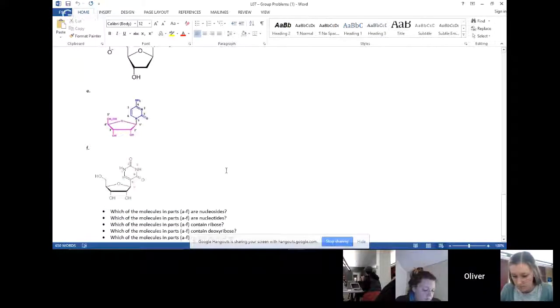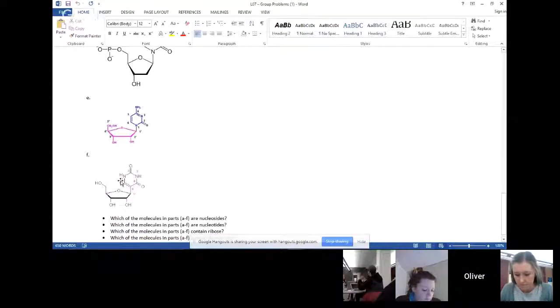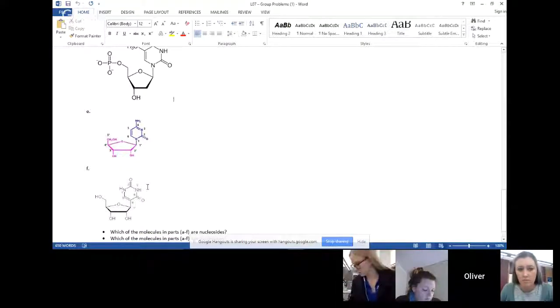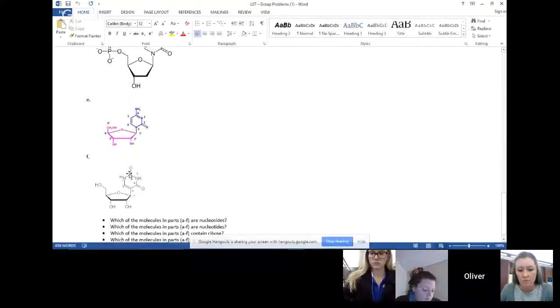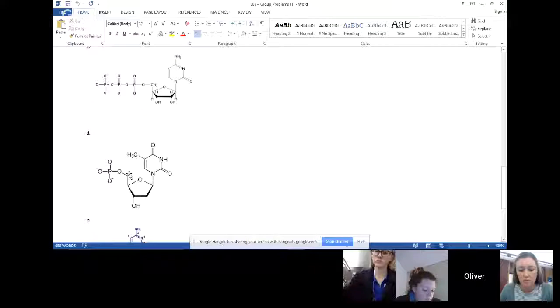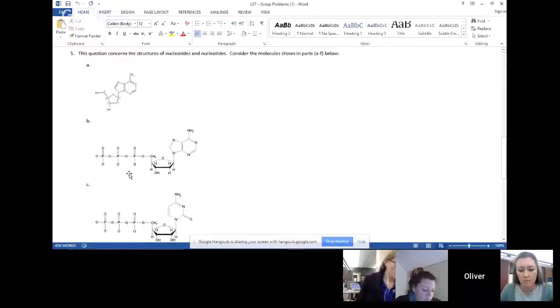The pyrimidines are the bases coming off the sugar. You have a ring up here, and it'll either be bicyclic and have 2 rings, or just have one ring. So pyrimidines are ones that just have 1 ring. So that's F, E, D. The other ones, as you can see there, have 2 rings.